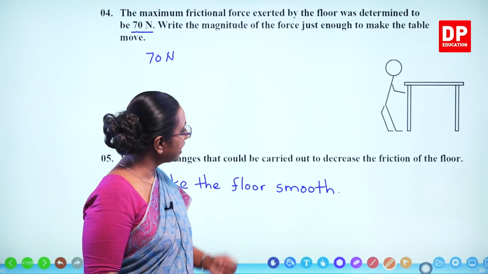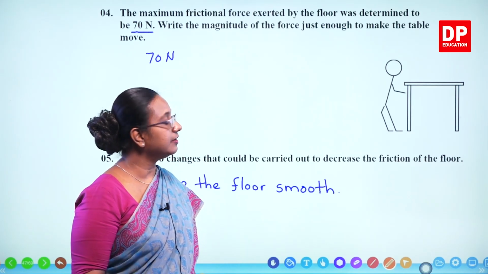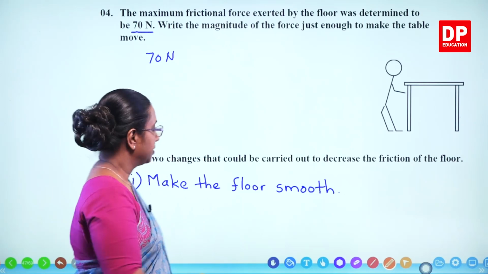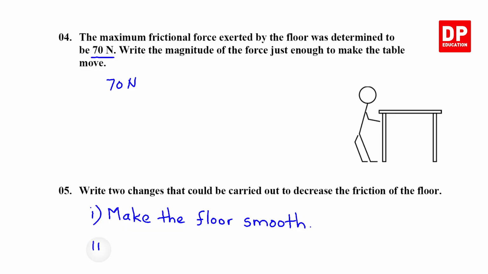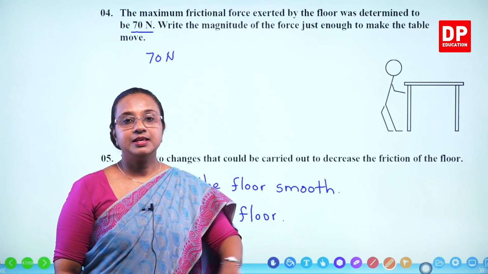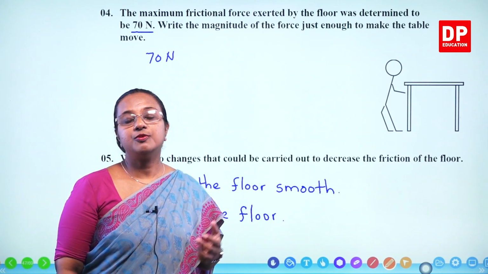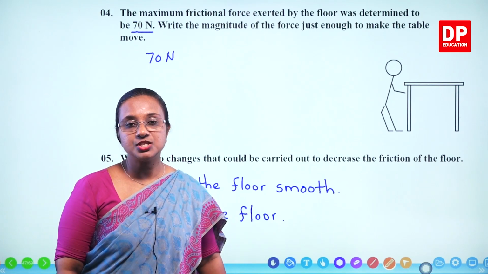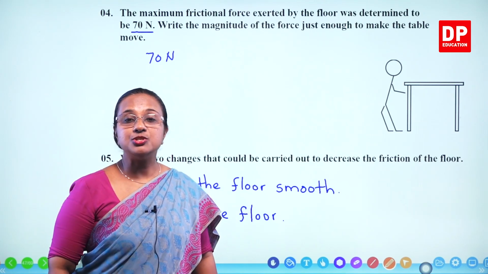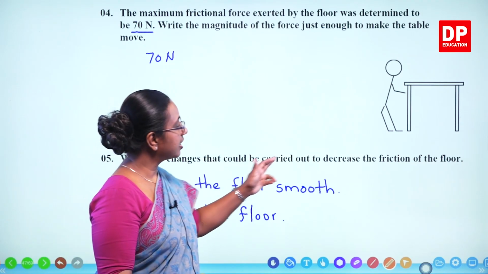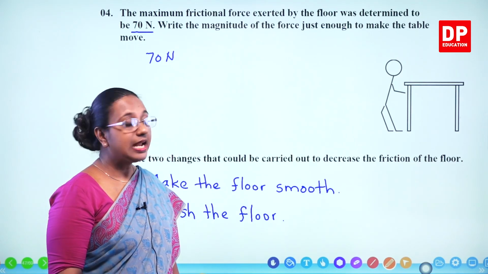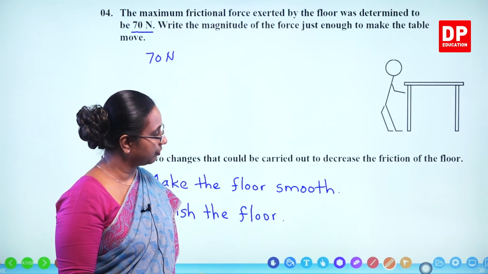So that is another way of decreasing the friction of the floor. So here we can say polish the floor. Normally when we apply polish and then apply wax and polish it again, the floor becomes shiny as well as very smooth. So we tend to slip usually. So those are two methods by which we can decrease the friction of the floor.